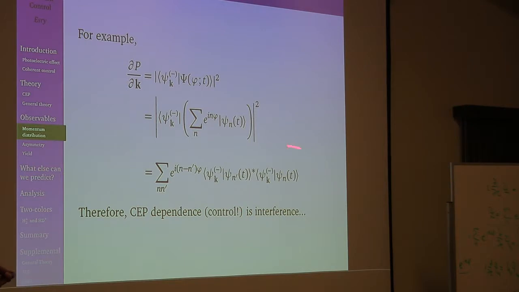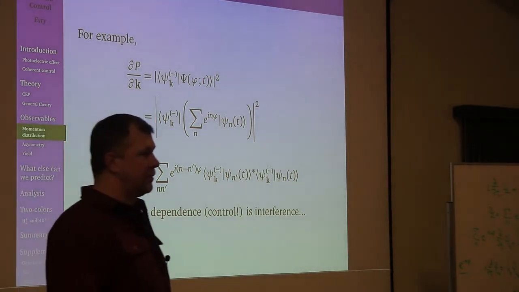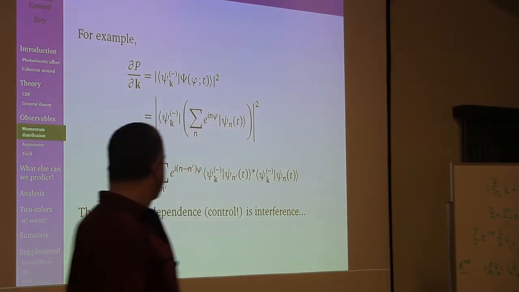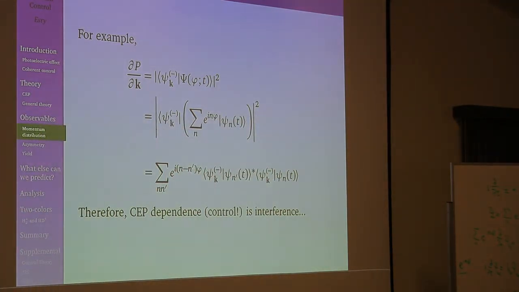So this is exactly the coherent control, Brumer-Shapiro, two-pathway interference, Young's double slit, however you want to explain it. So CE phase effects are really coherent control. Everybody good on this page?